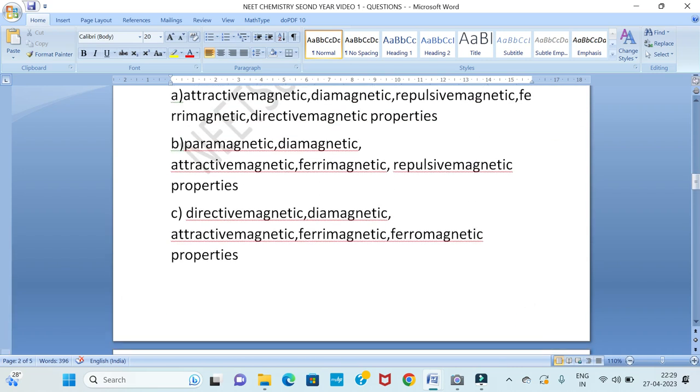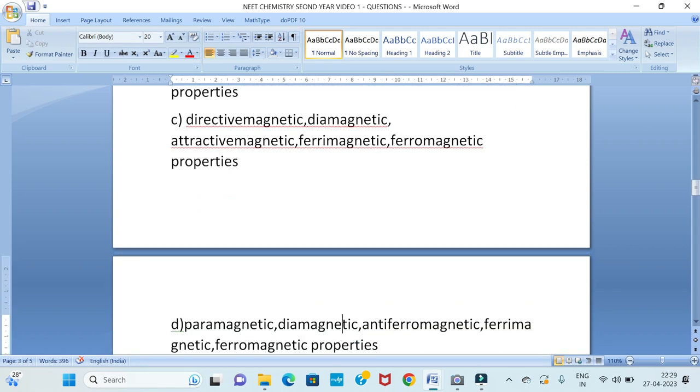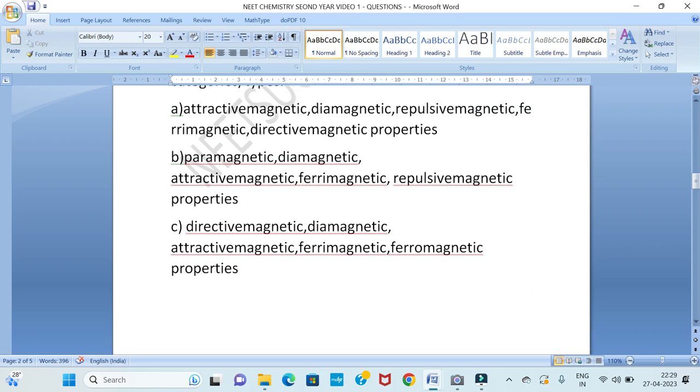First, you observe A, B, C. Next, option D also here. So, which option is correct?